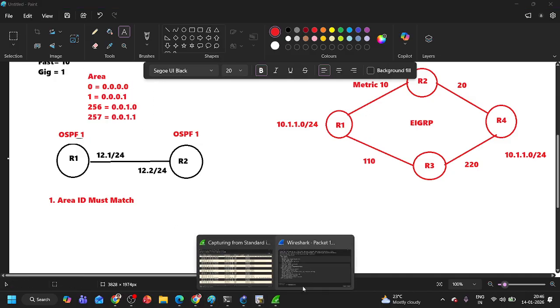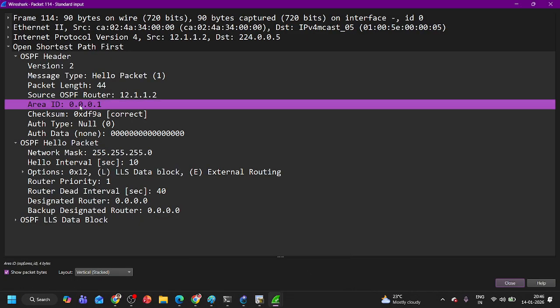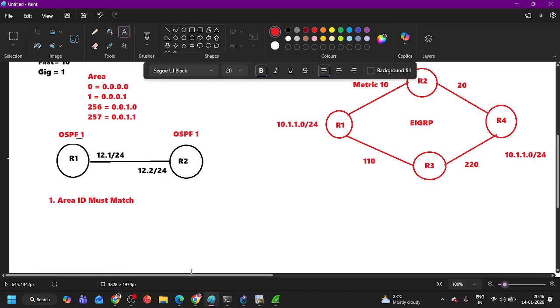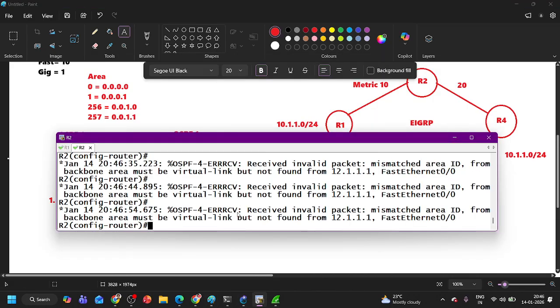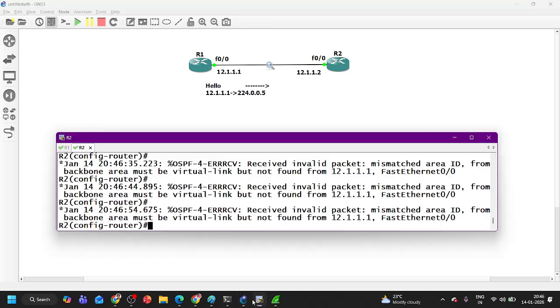Okay, so router 2 is saying my area ID is 1, and router 1 is saying my area ID is 0. Everything else is the same, but still they cannot form neighborship. Here you can see you are getting an error log message as well. What is it saying? Received invalid packet, mismatch area ID from backbone area.